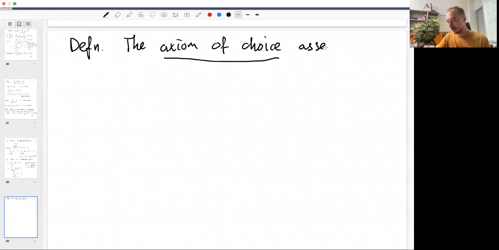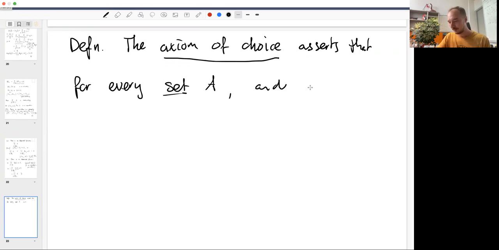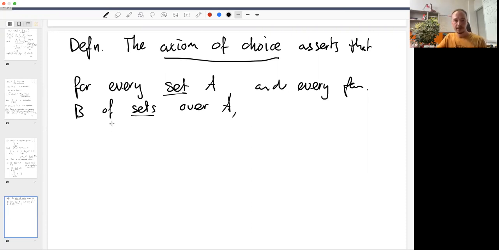This asserts that for every set, so it's important that this is a set, and every family B of sets, again important, over A, we have a function like this.